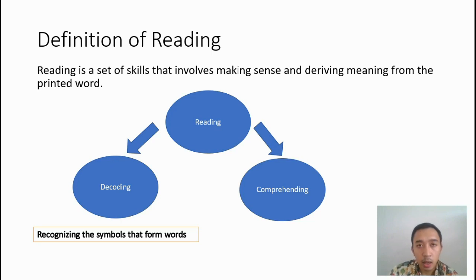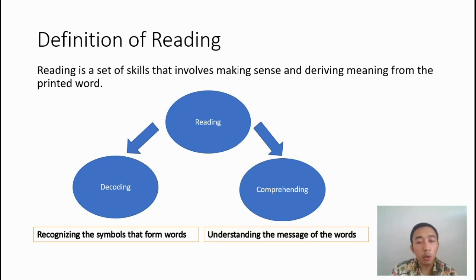In this case, we have to be careful. We are teaching young learners. The reading that we teach to young learners will be different from the technique or the reading we teach for adult learners.